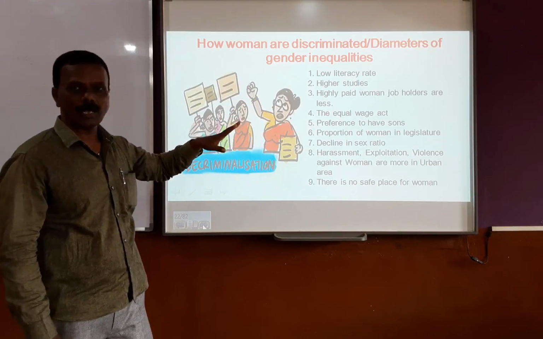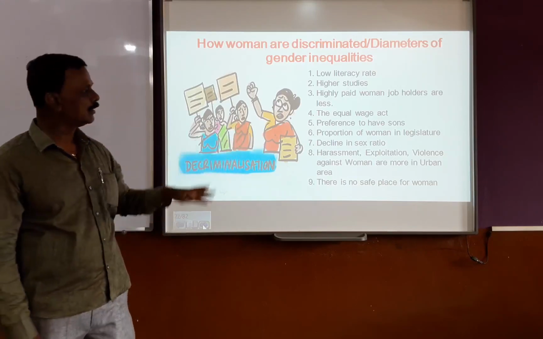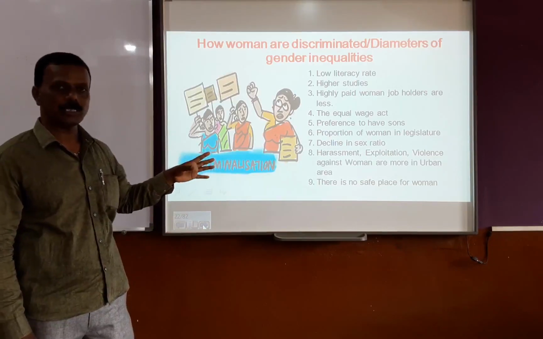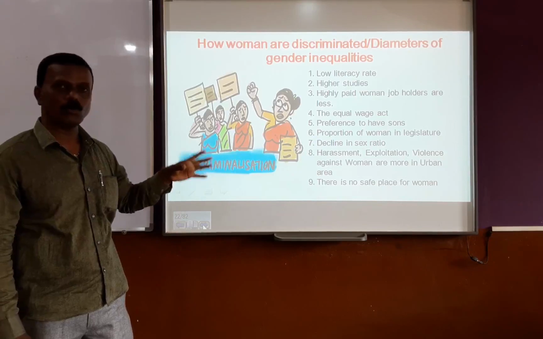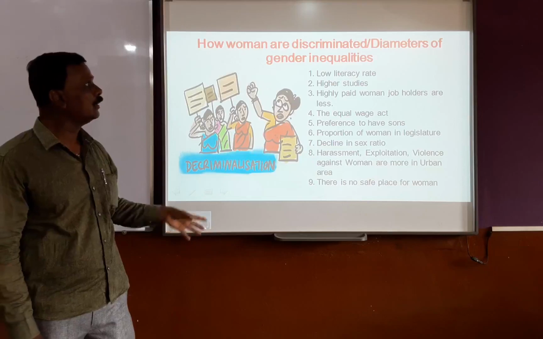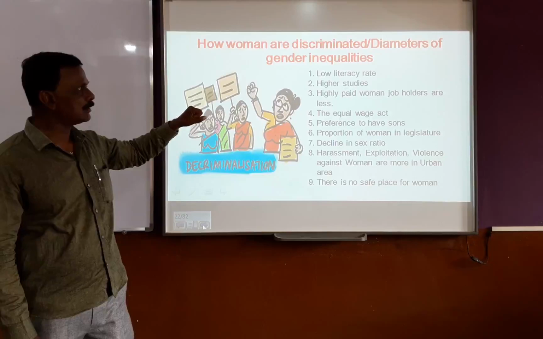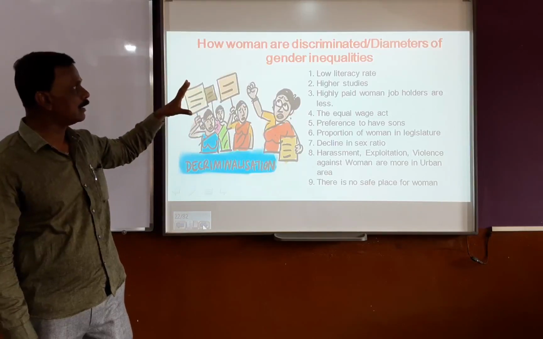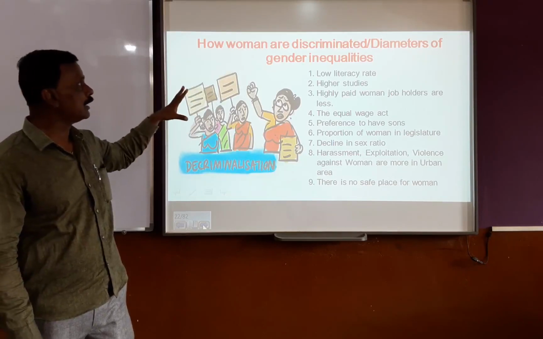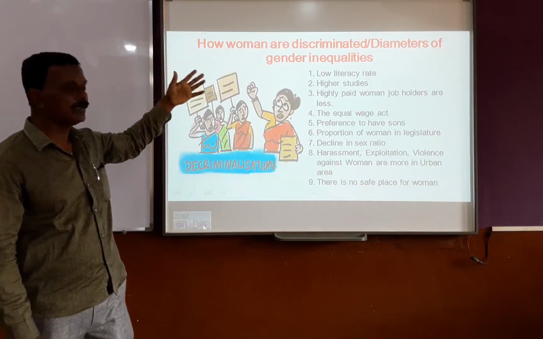Fifth, preference to have sons. Sixth, proportion of women in legislature. Seventh, declining sex ratio. Eighth, harassment, exploitation and violence against women are more in urban areas. And last, there is no safe place for women. So these are the nine inequalities we can see in gender division, the ways in which women are discriminated.